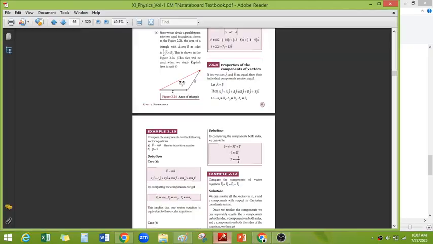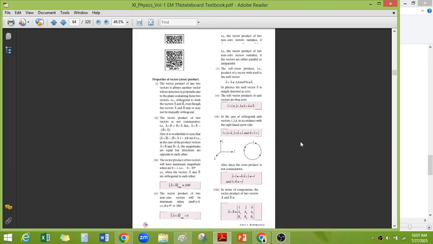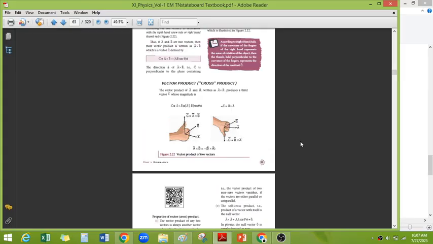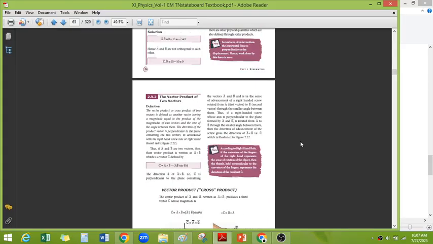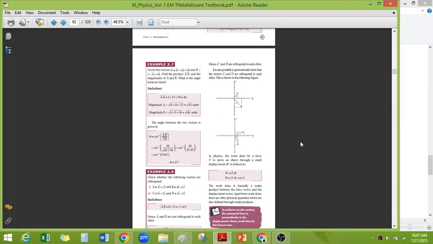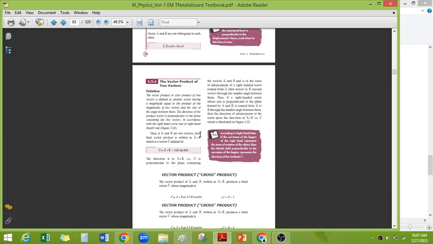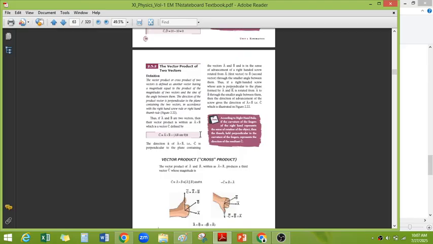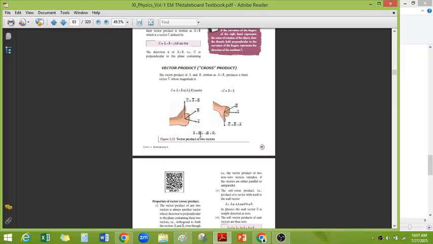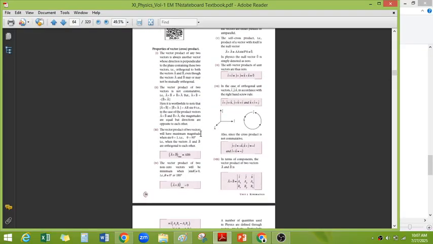Maybe we can try 2.8 today. 2.8 also I think we completed it in the last class. I remember doing it. 2.9 I think it's based on vector cross product, so we can try that.